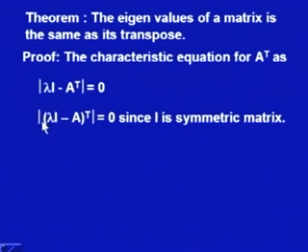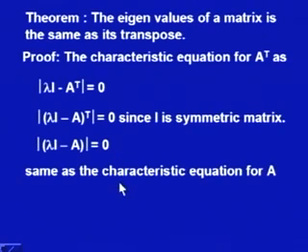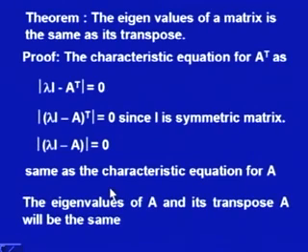So, we can take determinant of lambda I minus A transpose is equal to 0, and as a simplification this means determinant of lambda I minus A is equal to 0, because the determinant of this and the determinant of this are the same, and that means we have the same characteristic equation for A as well as for A transpose, and that means their solutions will be the same, and that implies that the eigenvalues of A and its transpose will be the same.